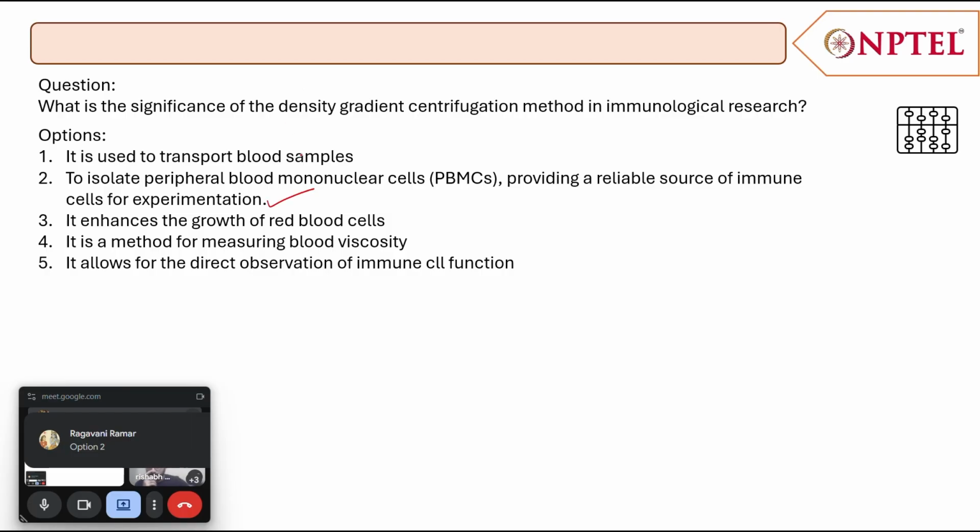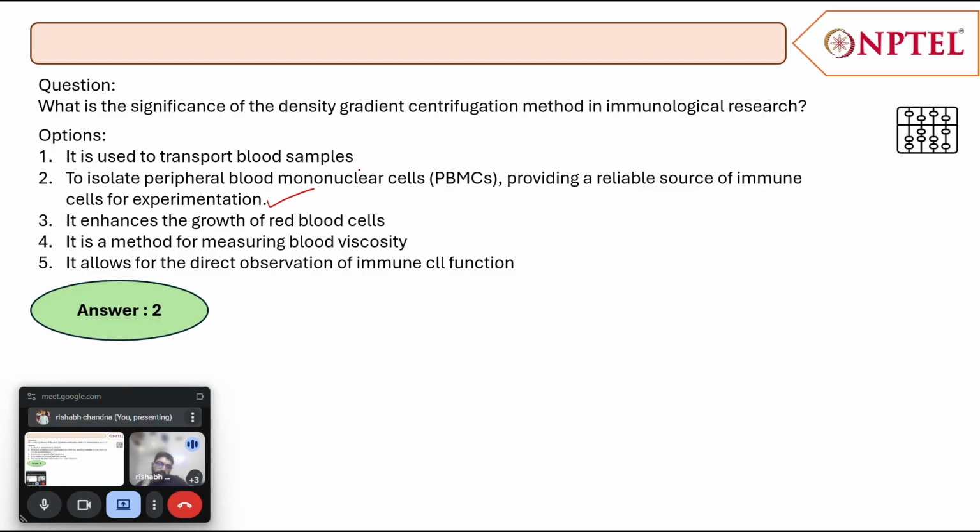Okay, the correct answer is option 2, to isolate peripheral blood mononuclear cells, providing a reliable source of immune cells for experimentation. Just like we discussed in the last slide, this helps in isolating the PBMCs. That's why density gradient centrifugation is very important in immunological research.